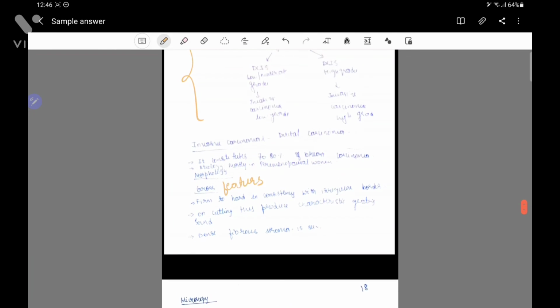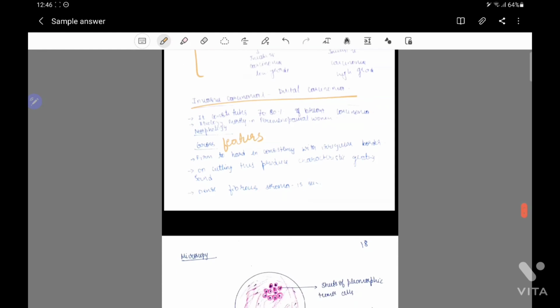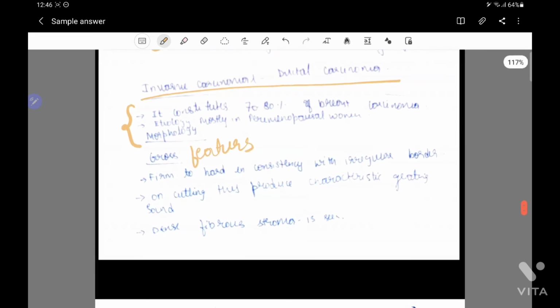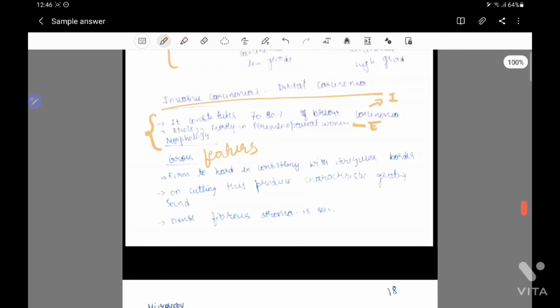And when it comes to explaining invasive ductal carcinoma in detail, I have given a small introduction here, if you guys can see. So this part was my introduction and this part was my etiology. Here also I have tried to maintain the structure, but since I did not have time, I have not been able to clearly classify the headings.